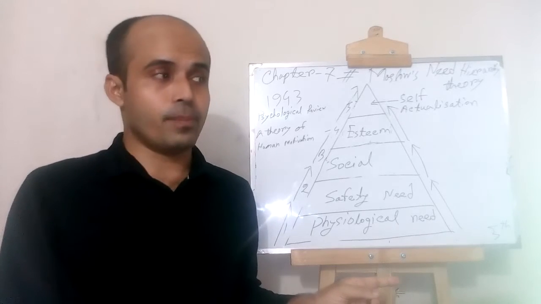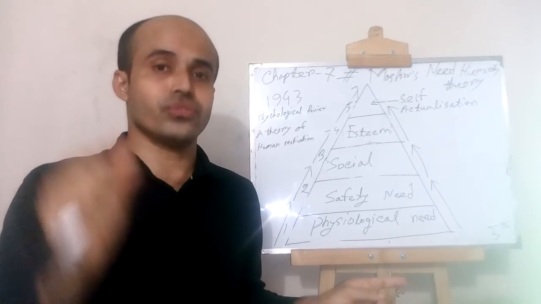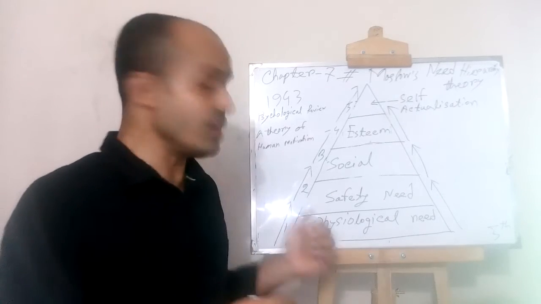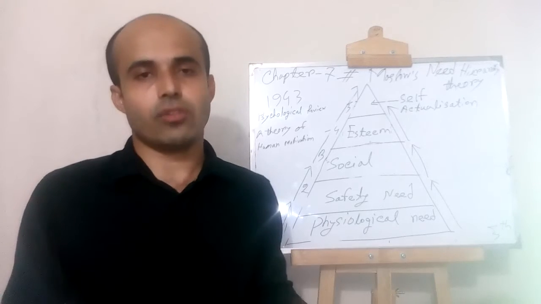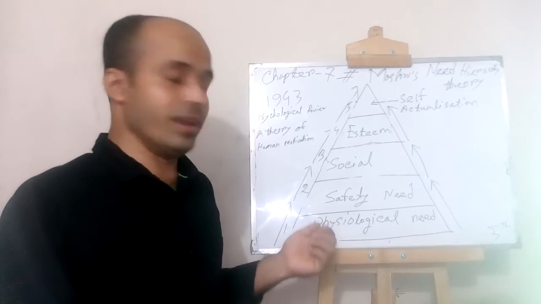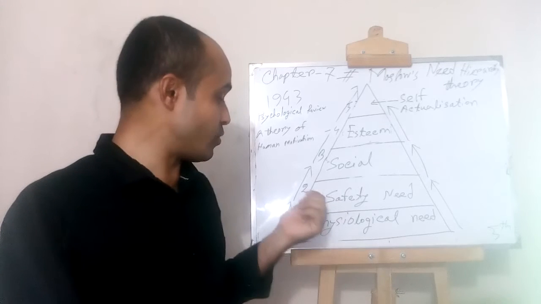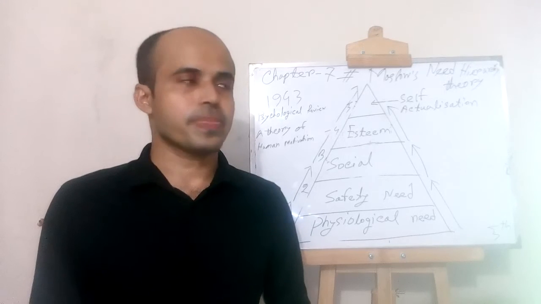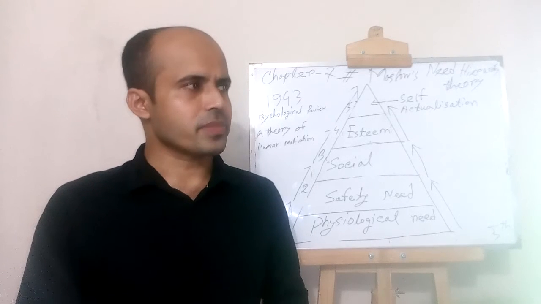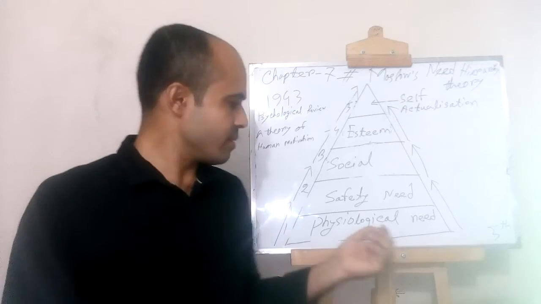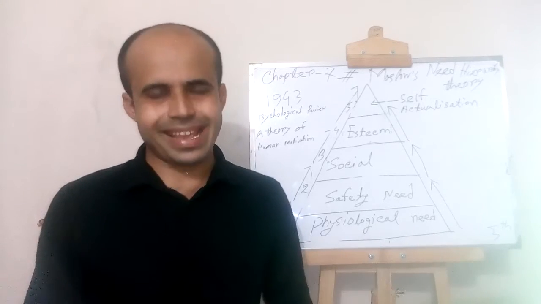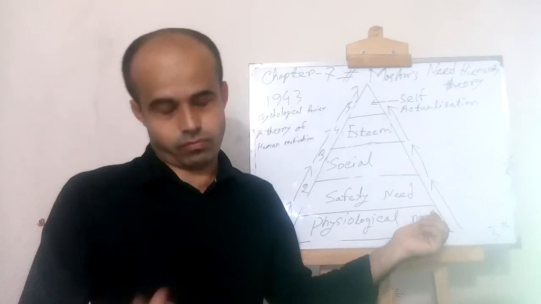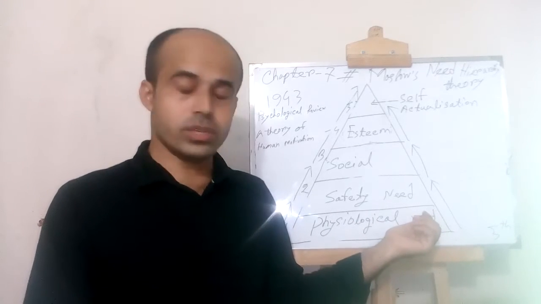First, a person tries to fill up the physiological needs. When they are fulfilled, the need shifts to level 2, which is safety needs. How? An employee gets a salary. With this salary, he can fill up needs like education, food, residence.